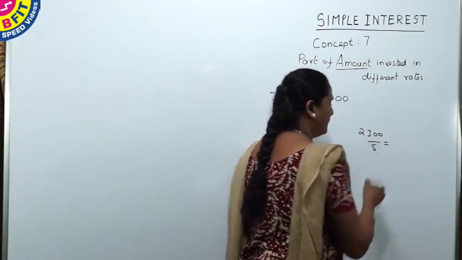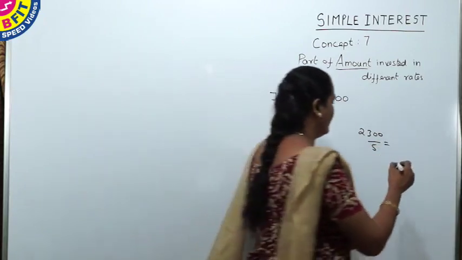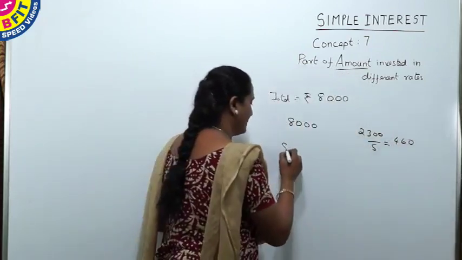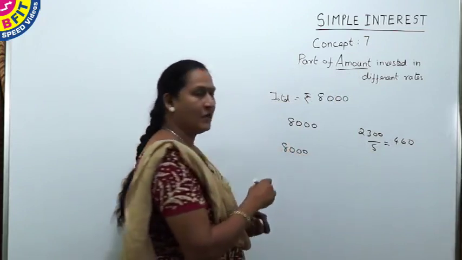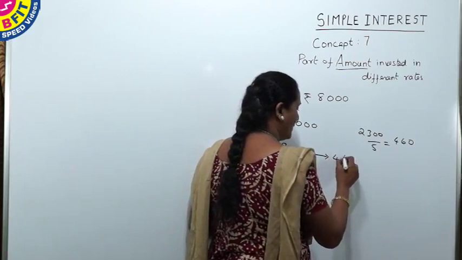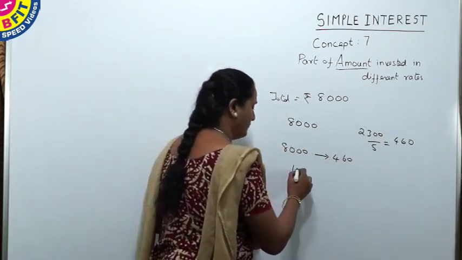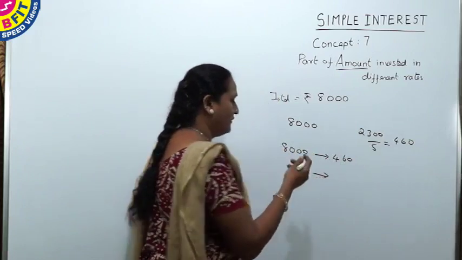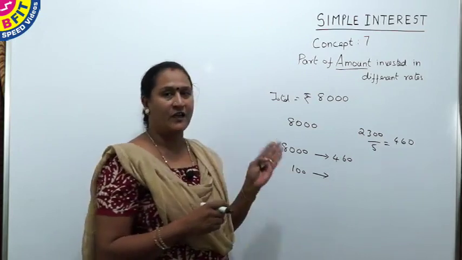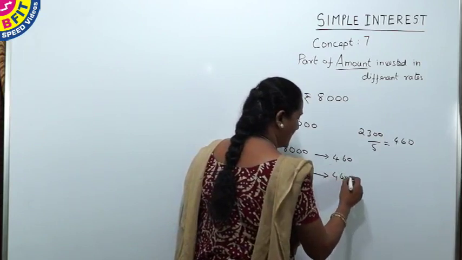So dividing this by 5, you get the interest for 8,000 for 1 year, which is 460. So we'll see what will be the interest for 100 for 1 year. That will give you the rate percent, which will be the mean rate percent between both 5 and 7%. So multiplying this by 100, 460 by 80 gives 560.